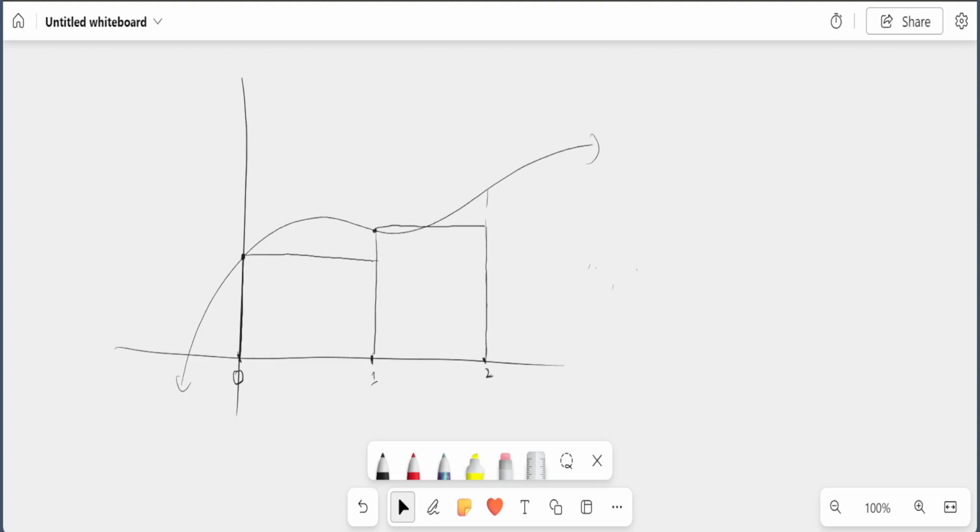So why don't we do more rectangles? Why don't we do 4 rectangles? That would be 1, that would be 3 over 2, that would be 1/2. If we do 3 rectangles, we get a better approximation, but it's still not perfect.